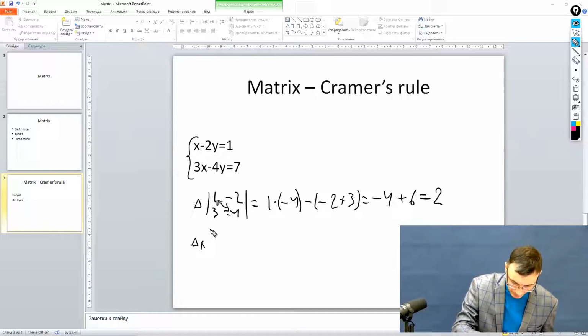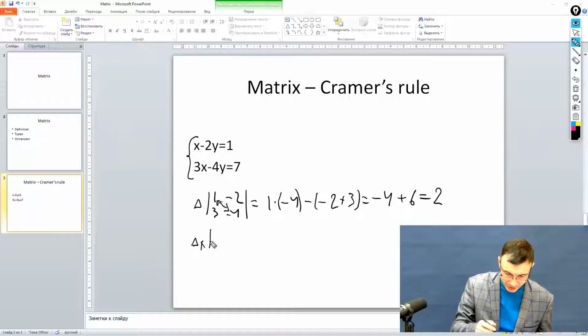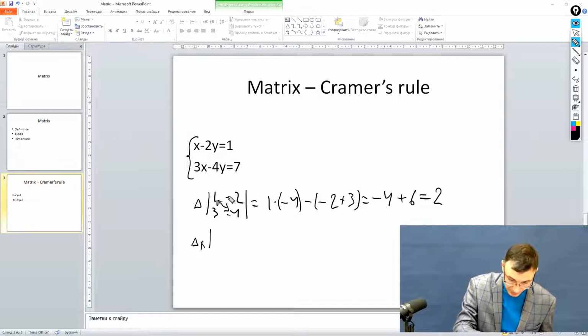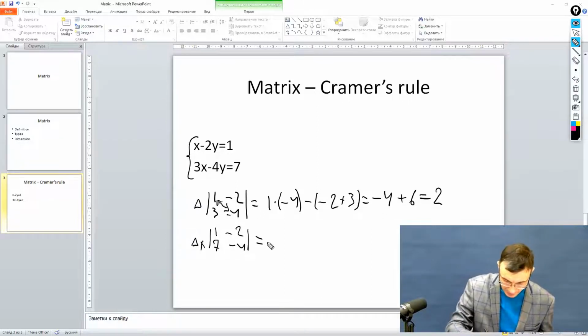So we put here, instead of the coefficients of x, the column 1, 7, and then minus 2, minus 4, and then we proceed as was shown above: one diagonal, then minus the other diagonal this way.